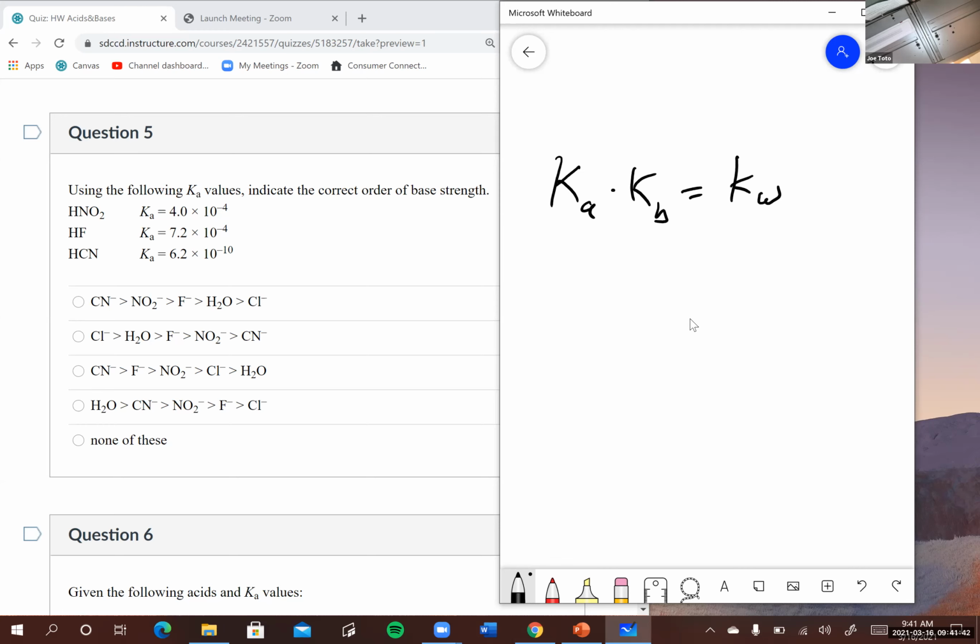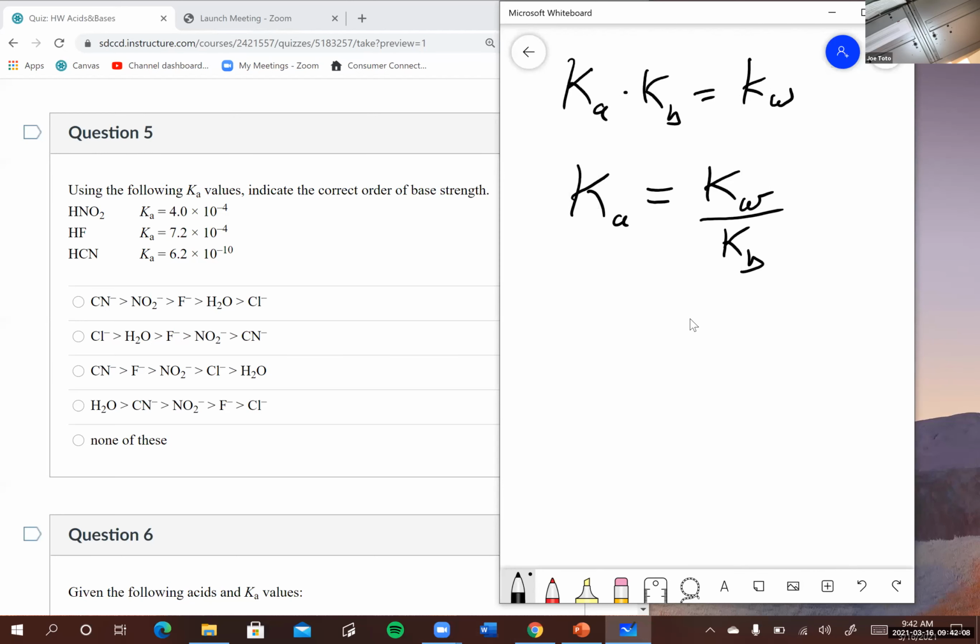So we see something that we hinted towards all along in this chapter, and that was that they were inversely proportional. So, for example, Ka equals Kw over Kb, or vice versa.